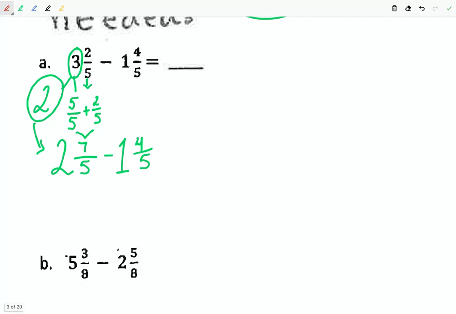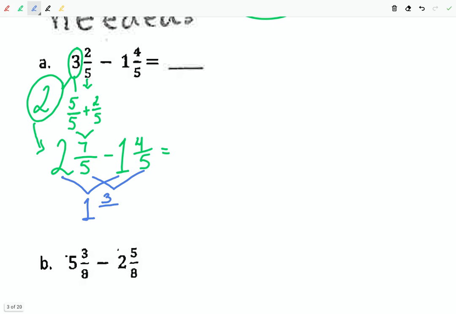Okay, and now I am going to go ahead and subtract. I know that 2 minus 1 is 1. So I am going to put the 1 in here, okay? And then I also know that 7 minus 4 is, 4, 5, 6, 7, yes, 3.